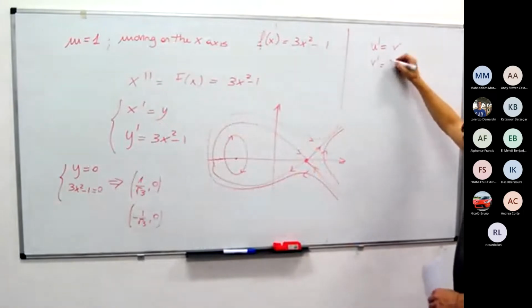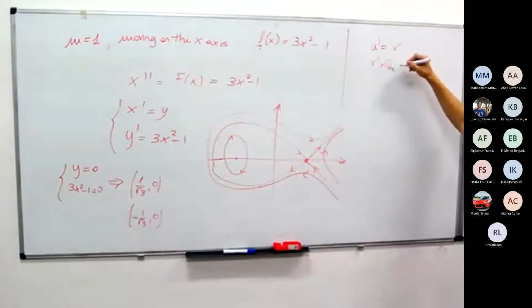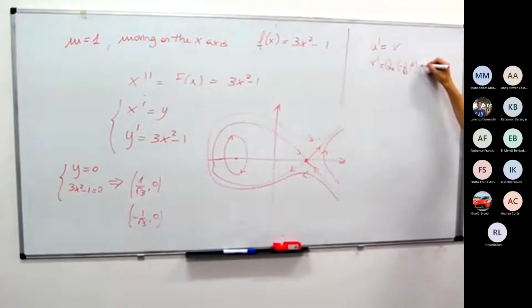Then I have the derivative of the function with respect to x evaluated in minus 1 over square root of 3, 0 times u. And then the derivative of the function with respect to y evaluated in minus 1 over square root of 3, 0 times b.